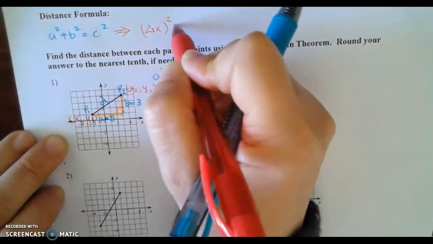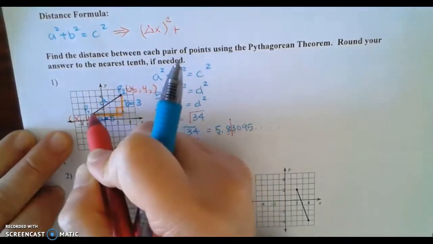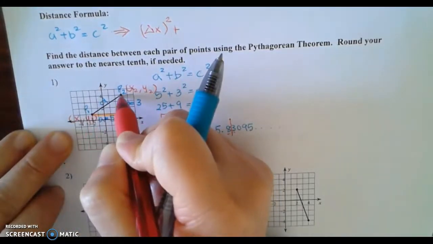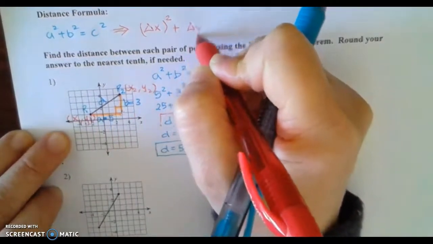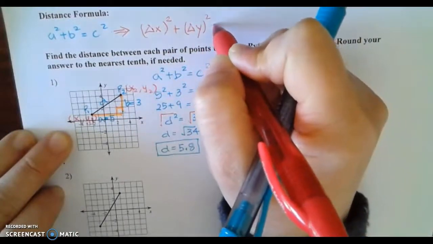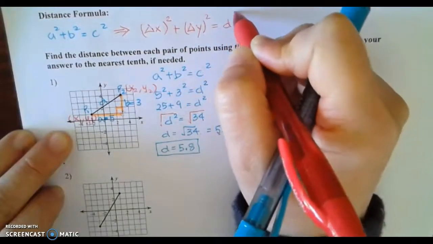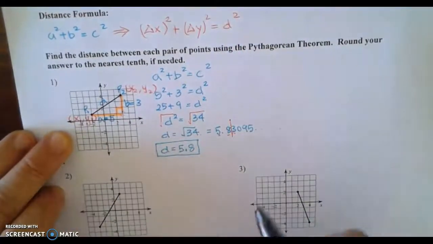And b is how much the y coordinate changed going from here to there. That's delta y all squared. That is equal to distance squared. Okay, so that's what we're dealing with.